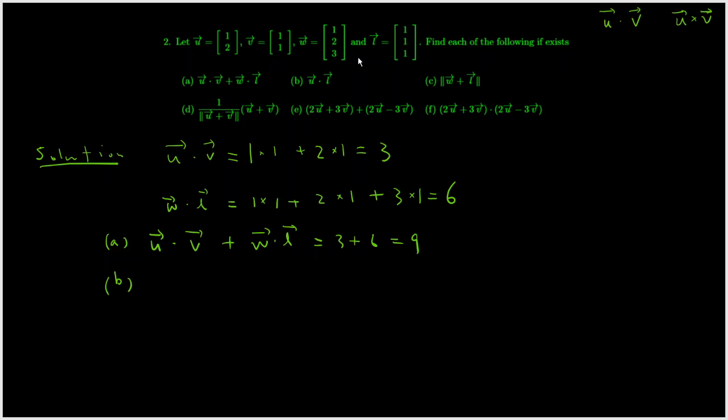Undefined. So you just say something like the dot product of u and l is undefined. Okay, so we have B, right?